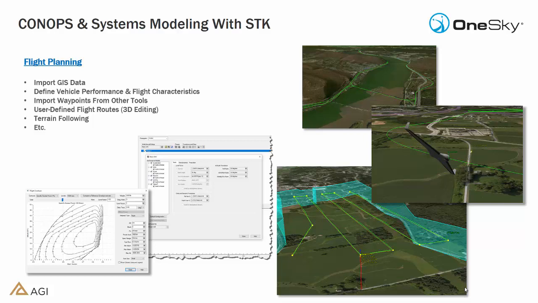It's a very nice 3D editing capability that lets you point and click out waypoints and flight procedures and things like that. Even taking advantage analytically of the underlying terrain to perform things like terrain following along a route. These are all things that exist out of the box with STK.